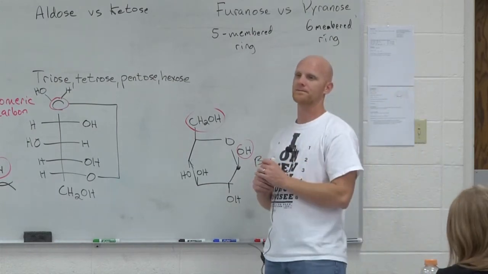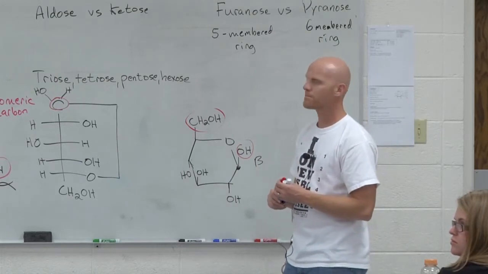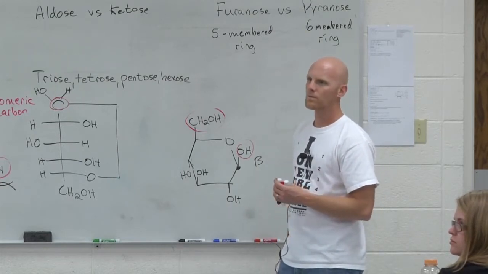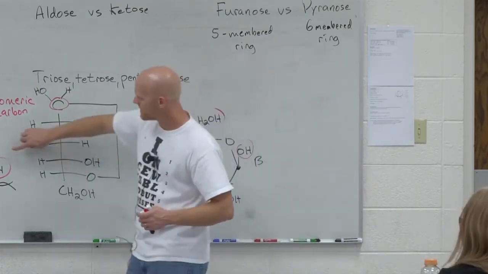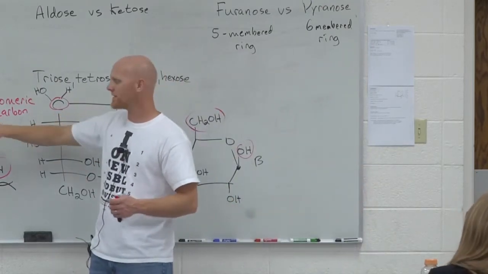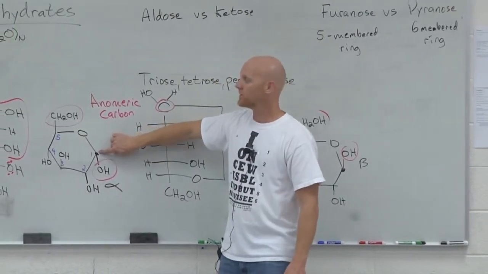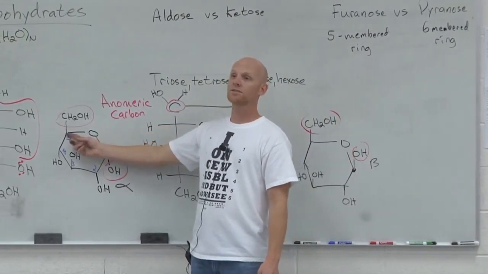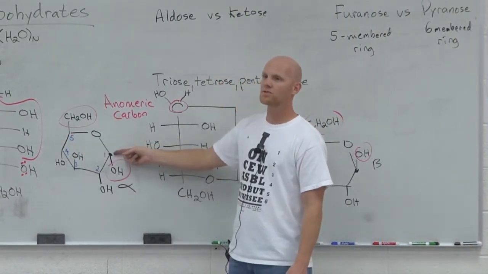So when we learned that the hemiacetal has an OR group and an OH group, yes. If you're trying to find the anomeric carbon in a sugar, find the carbon that's bonded to 2 oxygens. Notice, is this carbon bonded to 2 oxygens? No. It's going to be on one side of that oxygen, but it's the carbon that's bonded to two oxygens.